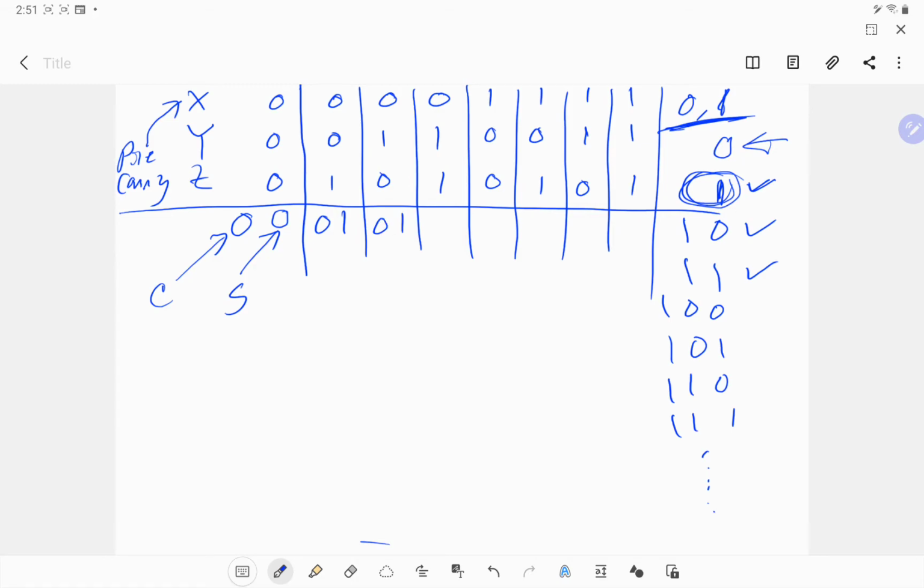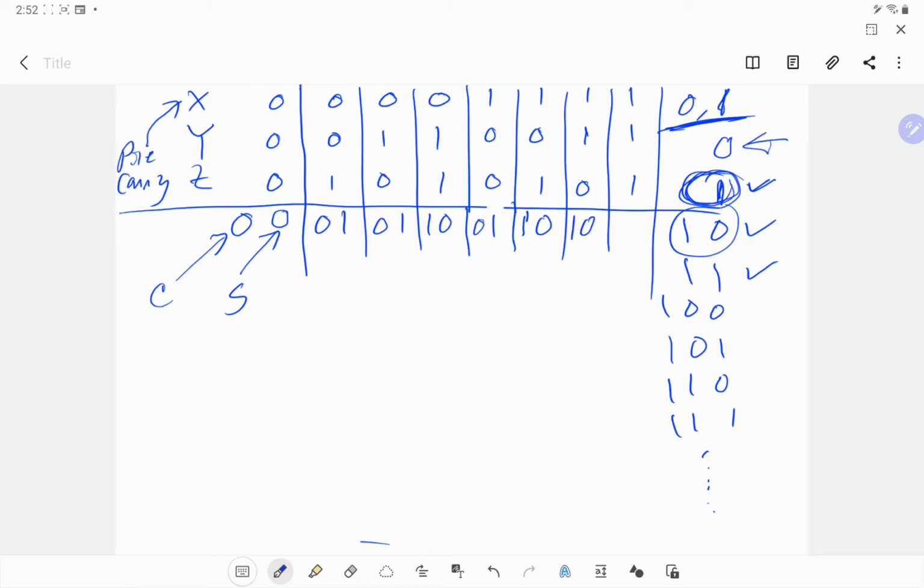If we add here 1 and 1, then it will give us 1 0. Again 1 1 0. One plus 1 gives us 1 0.